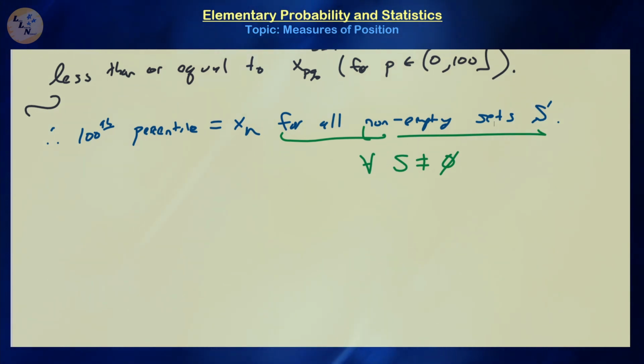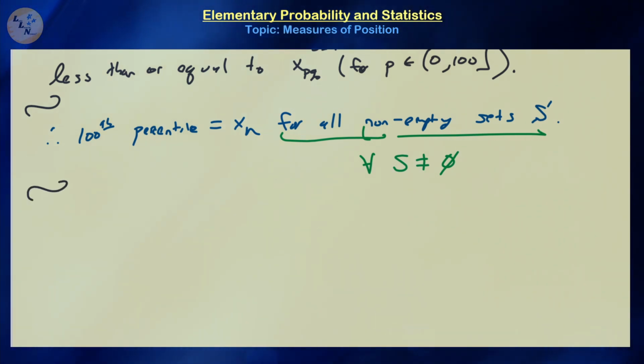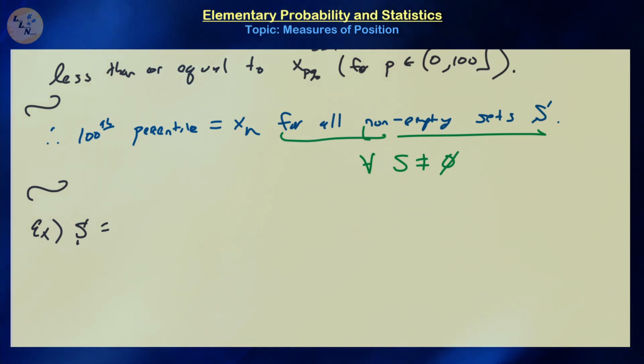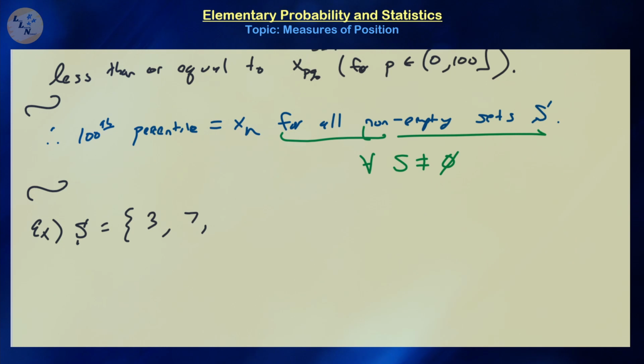Now let's work through how we can derive a formula for all the percentiles that are less than 100%. Okay, so let's just look at a basic example to guide us in our investigation. So let's create a very small set. Let's let it be 3, 7, 10, and 20. And this set is obviously already ranked. So therefore this is going to be x1, x2, x3, and x4.